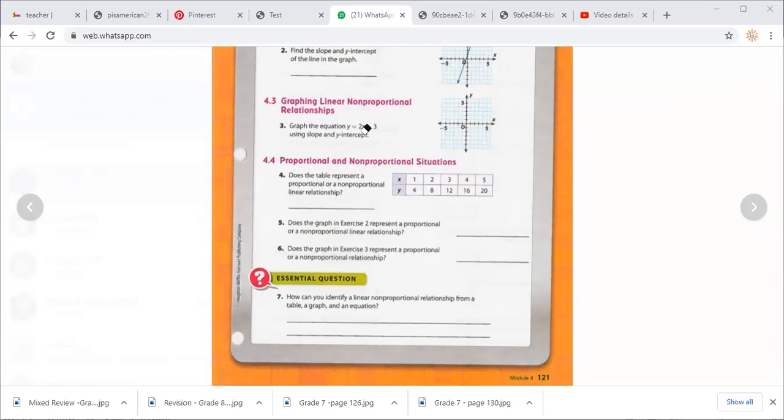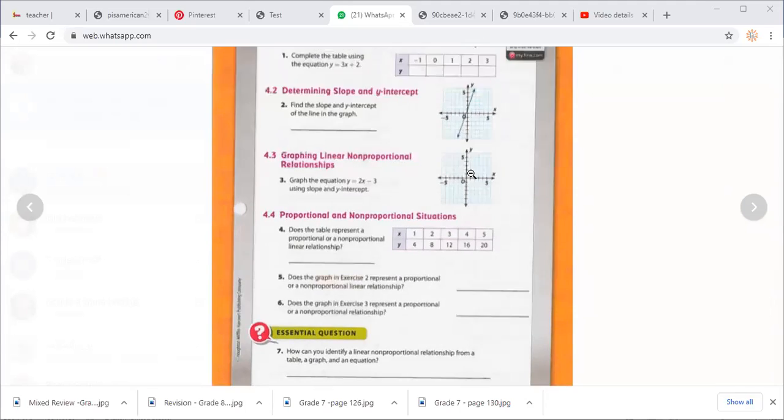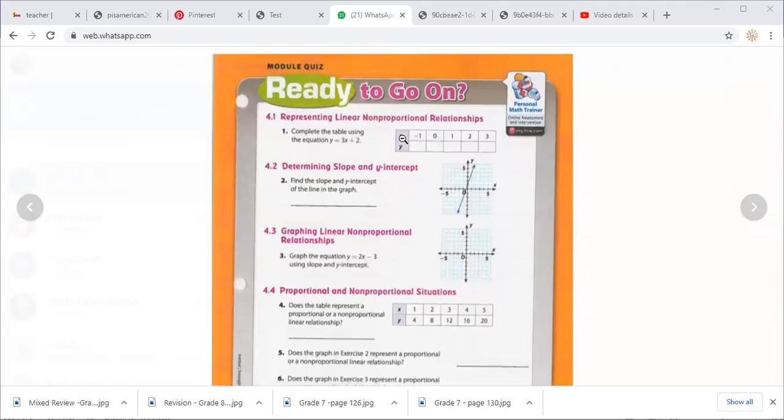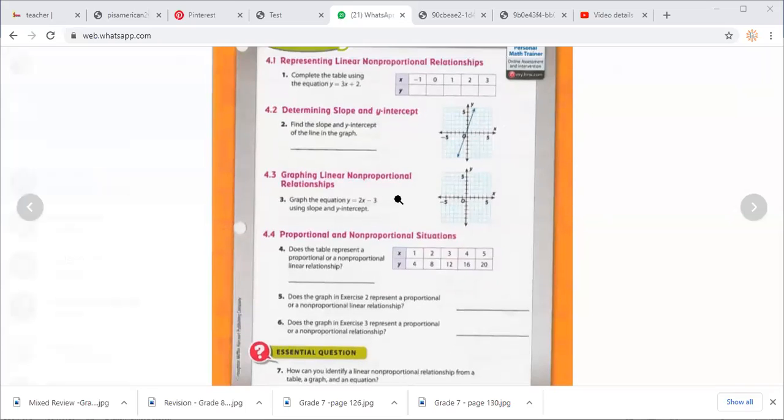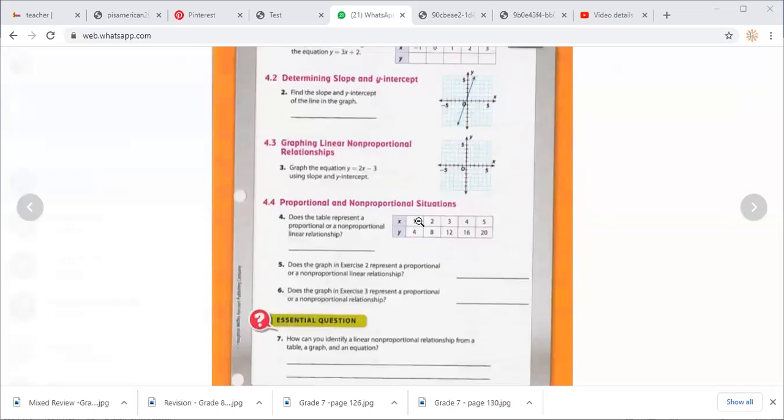Also remember, if you have a table and in this table you find the value 0 and 0, which means it passes through the origin point, then it will be a proportional relationship.